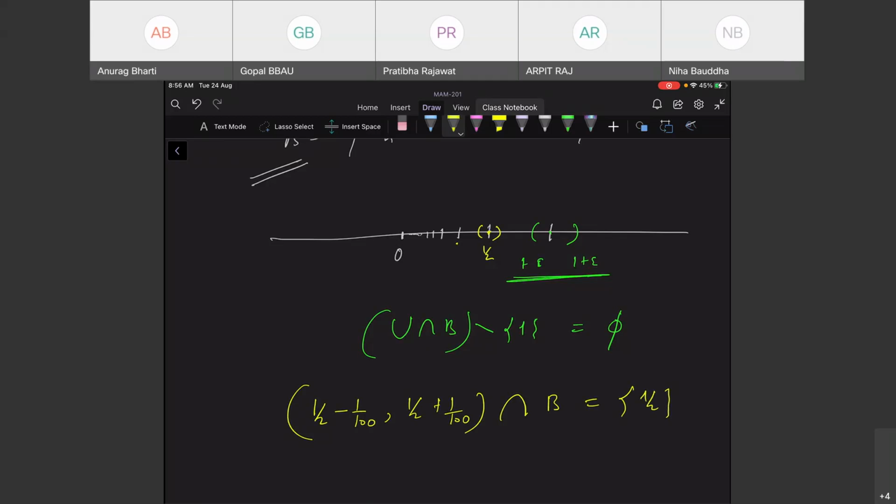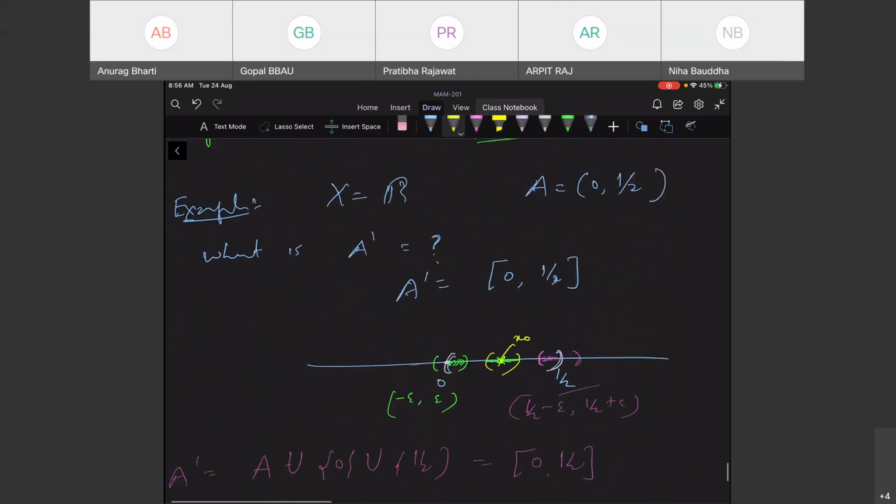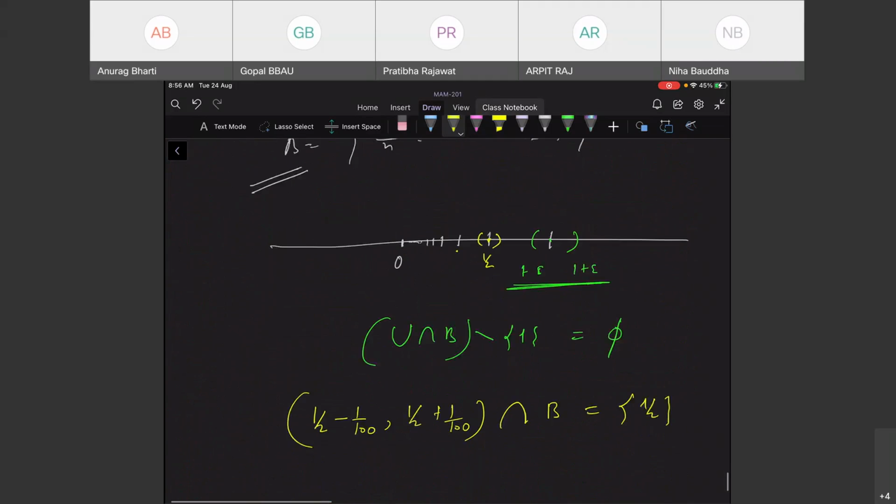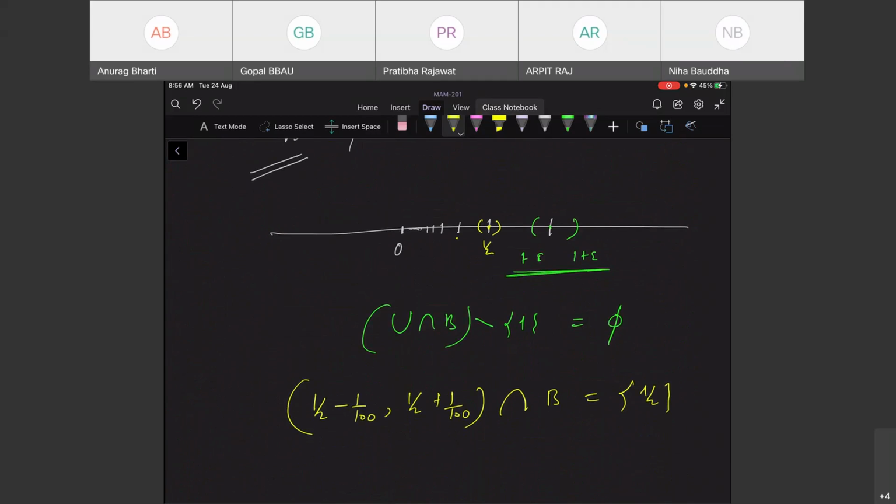But if you see the definition of limit point, we do not take this x, we remove this, and in this case we will get the empty set.